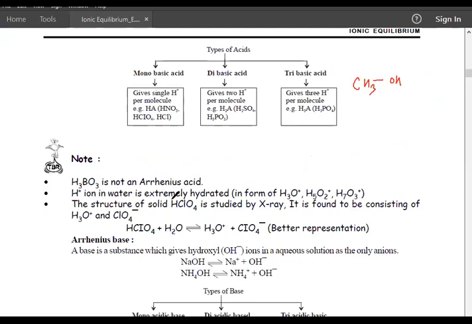But how many exchangeable hydrogens do we have here? 1, because only this one is your exchangeable hydrogen. These three are not exchangeable hydrogens. Got it, everyone?